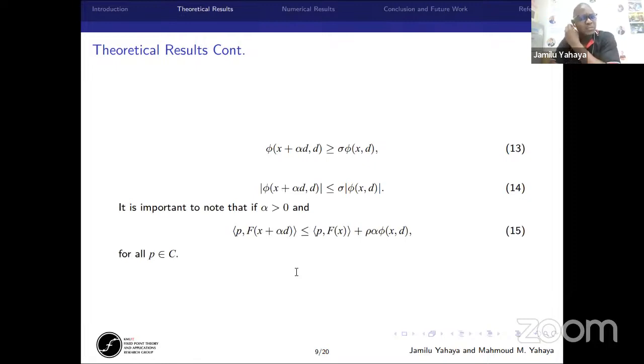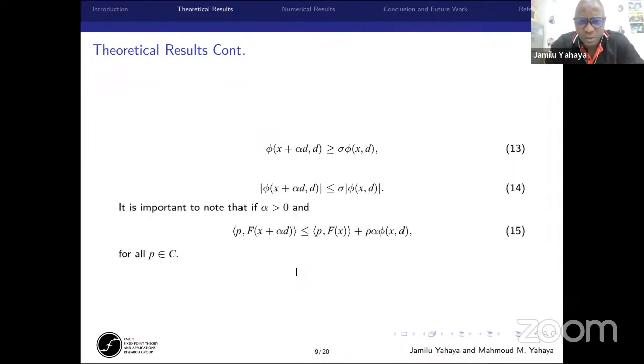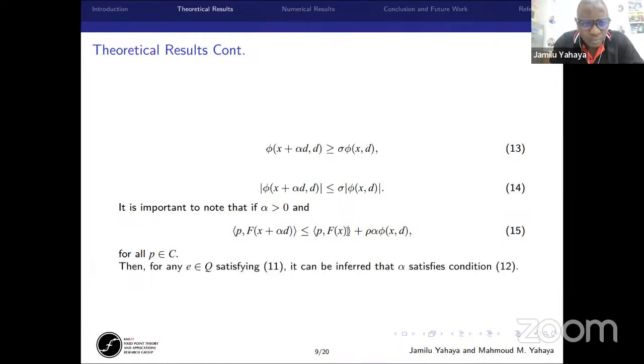In 2019, the same authors, Lucambia, Pires, and Prudenti, studied the Wolfe line search and obtained an equivalent form of this particular relation 12 in the form of inequality 15. So in order to establish the numerical computation of this line search, equation 12 can be replaced by equation 15. Then remember that for any step size satisfying 11, we have this particular result.